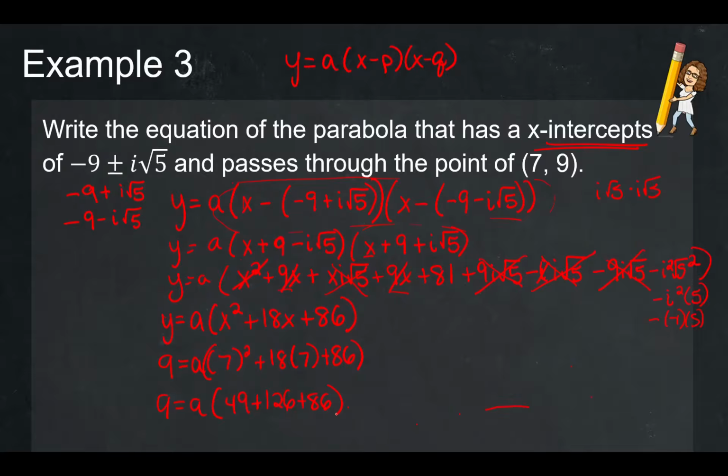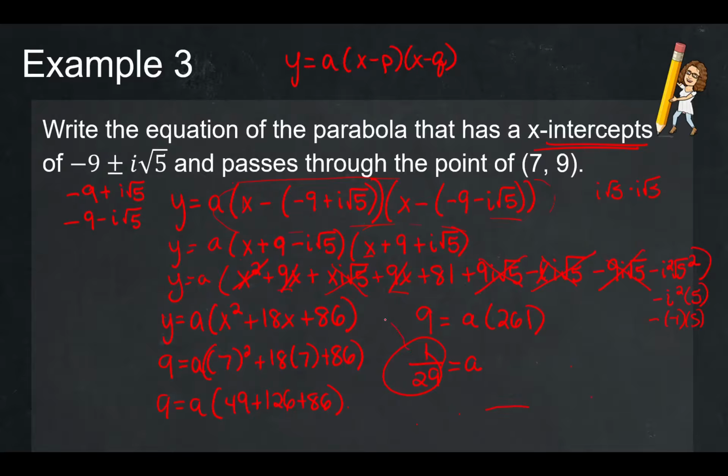Plus 49 plus 86. 261. So 9 equals A times 261. Does 9 divided by 261 simplify? I don't think it does. Oh, it does. 1 over 29. So I'll get 1 over 29 equals A. Final answer, guys. Take that.